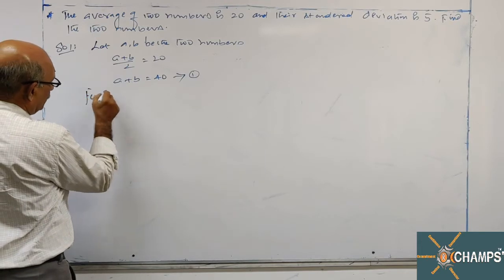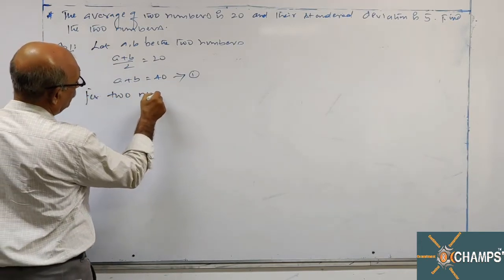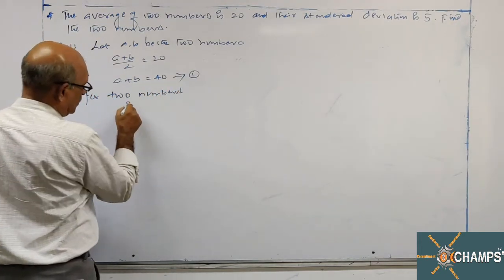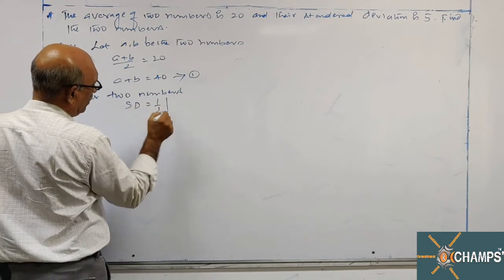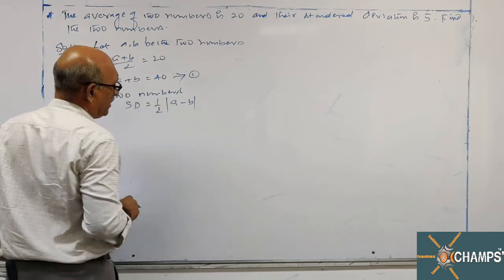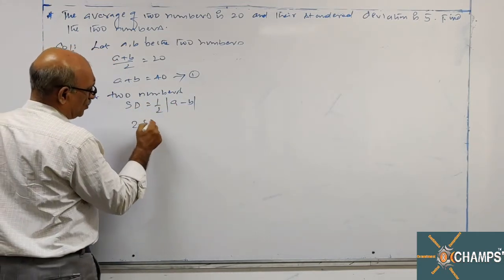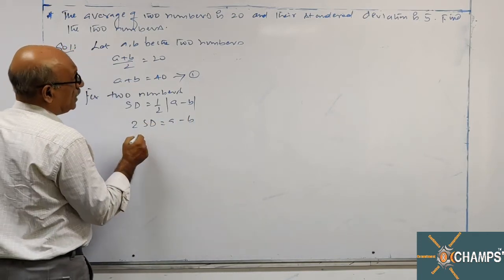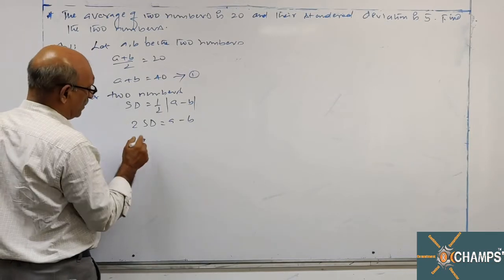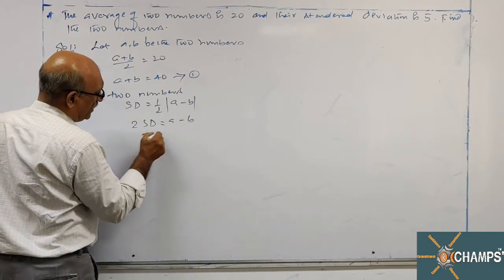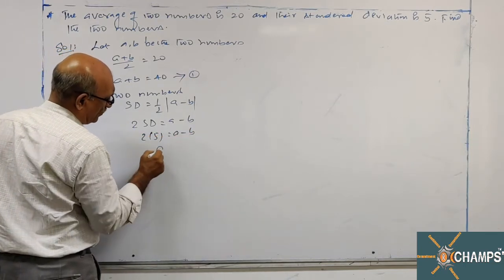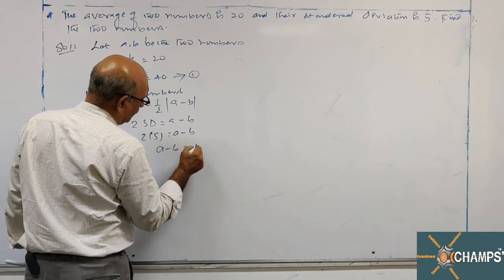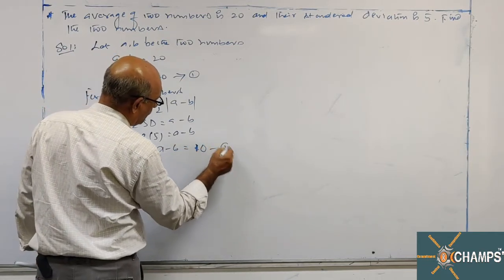For two numbers, standard deviation is equal to 1/2 into modulus of A minus B. So 2 into standard deviation is A minus B. Standard deviation is given as 5. So 2 into 5 is equal to A minus B. Otherwise A minus B is equal to 10.